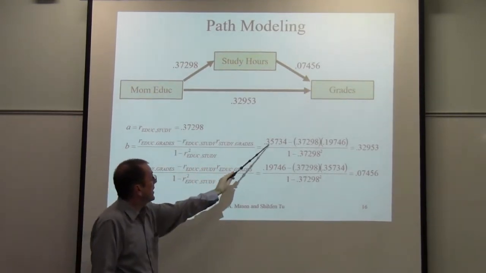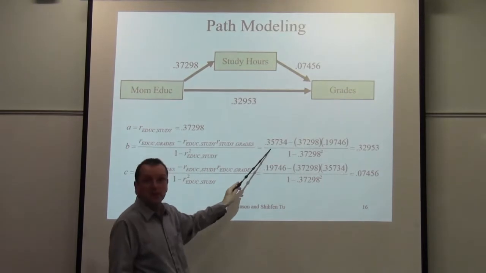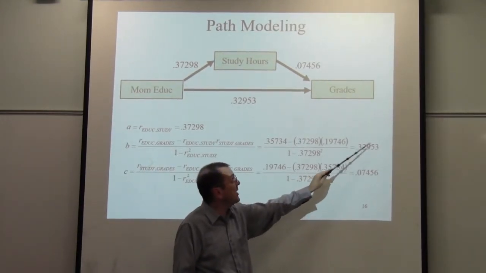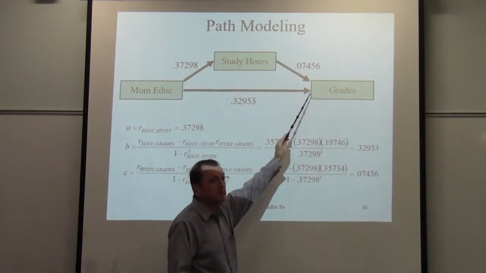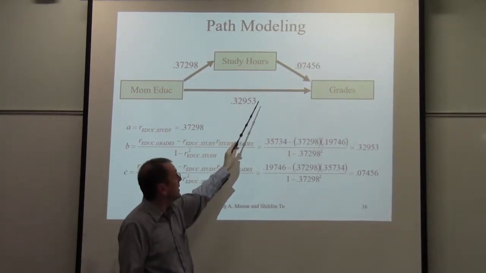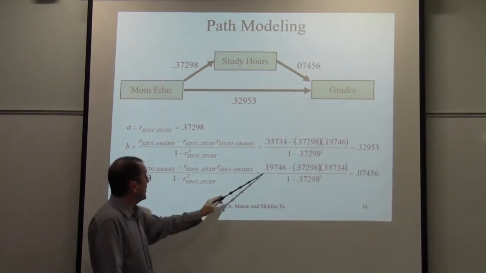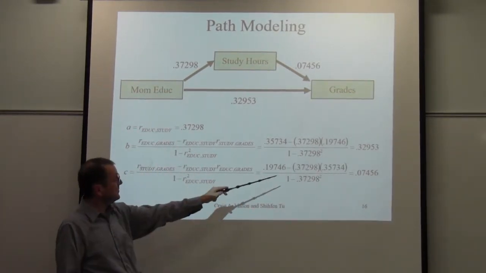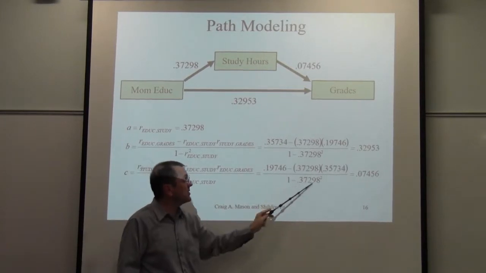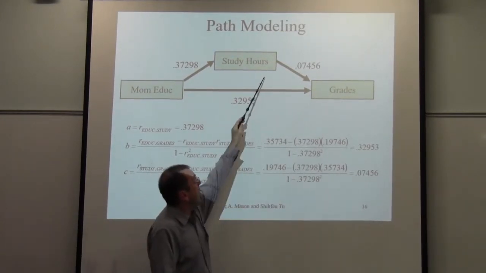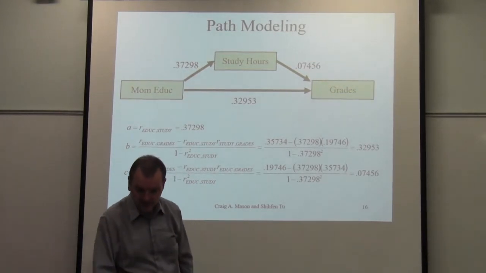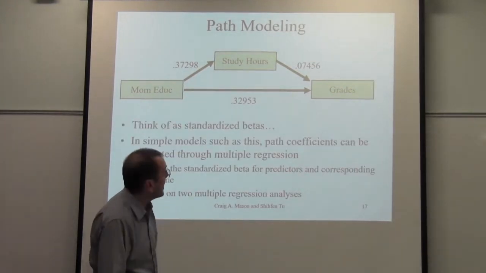B is, here are all the numbers. If we calculate that out, we get a value of 0.32953 for the path for B. And C, again, we just plug in the numbers. We plug in the correlations, and we get a path of 0.07456. So we've calculated what those paths are.